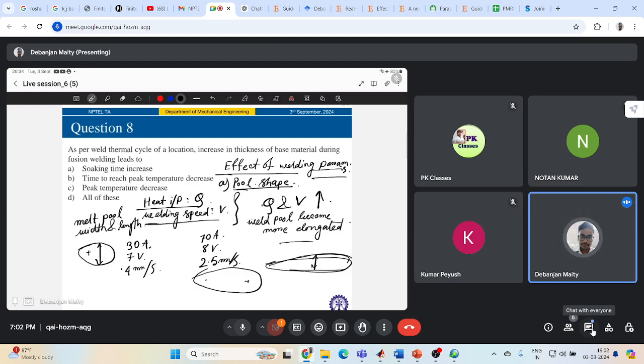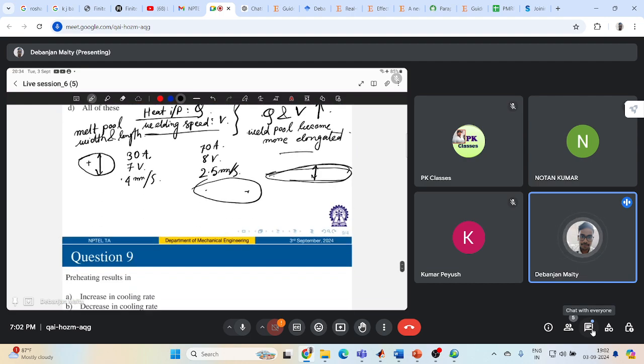Now this effect of welding parameters on your pool shape will be more significant on low conductive metals. Let's say there are two metals, aluminum and SS.